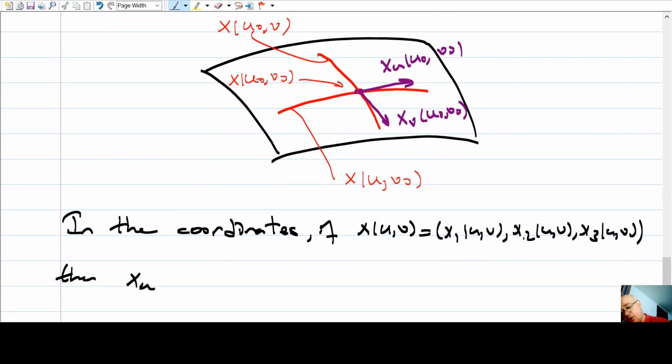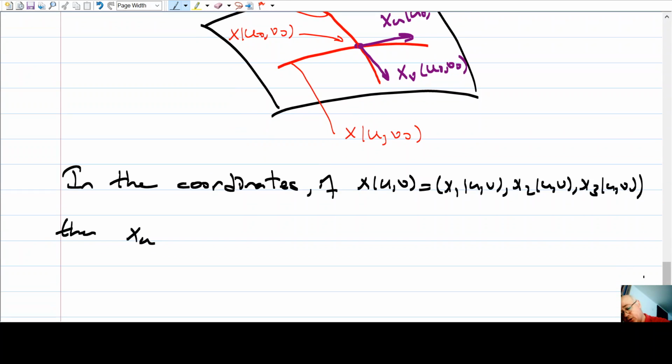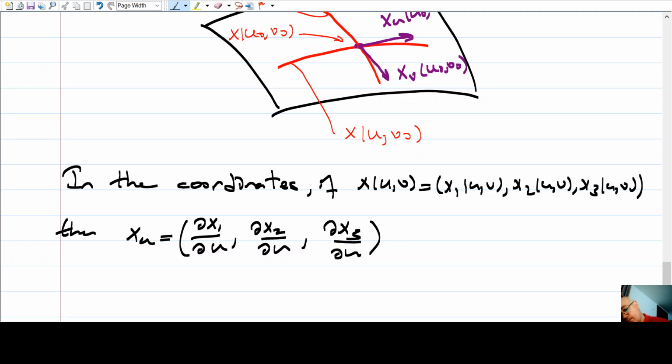It is just the partial derivative of this function with respect to u. Well, that is just the partial derivative of each coordinate function with respect to u. So del x1 del u, del x2 del u, and del x3 del u.